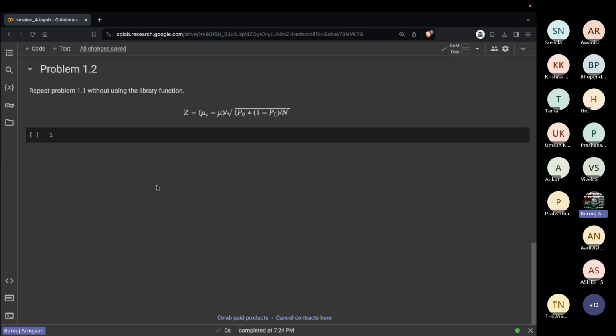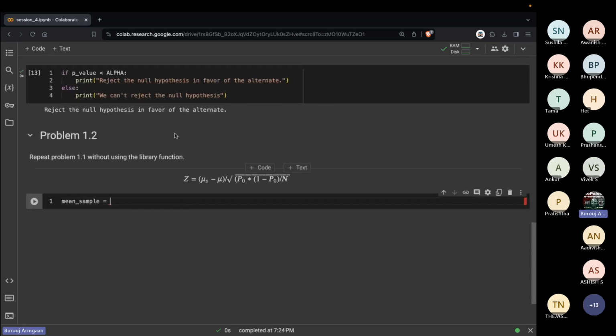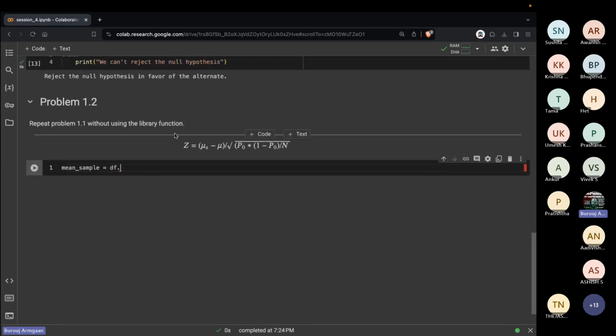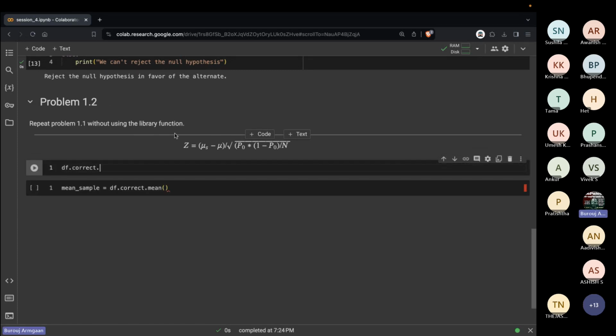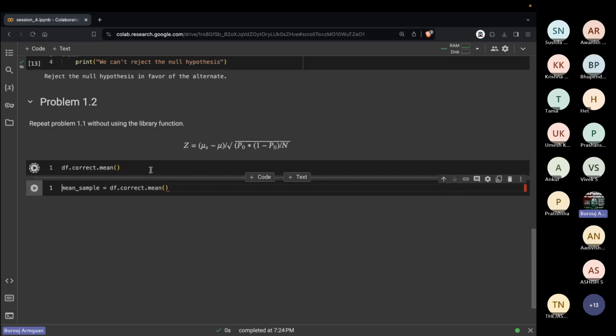In case of proportions, the way you compute a z value is you use this formula. You should know the mean of the sample, which in this case is just the probability of the correct ones. So let's say df.correct.mean. I don't know what it will return because these are Boolean values.